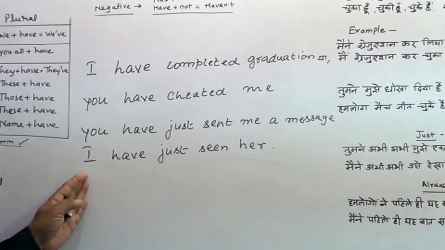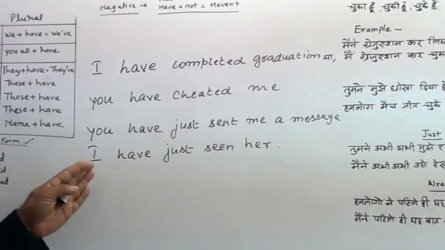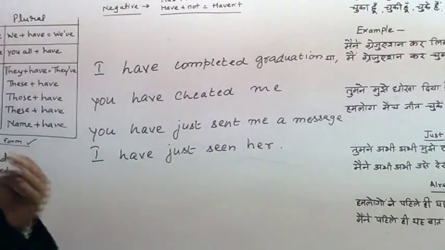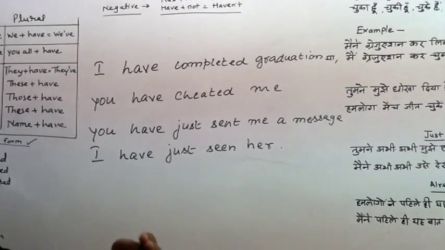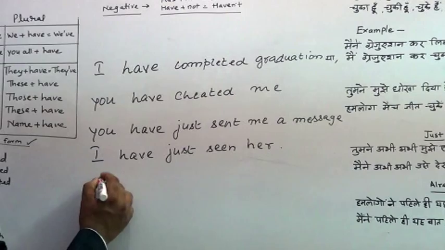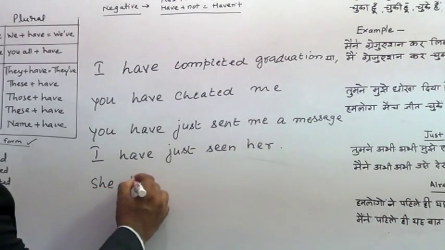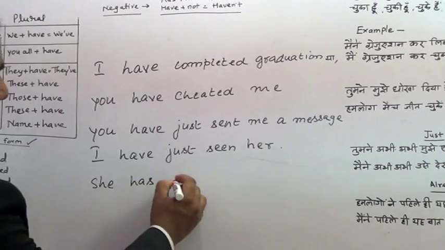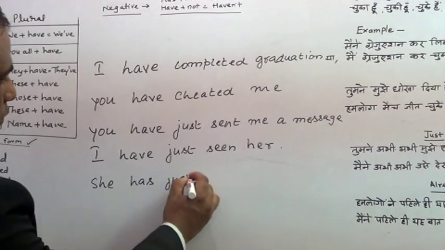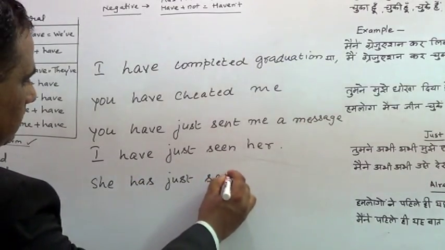Now let's suppose if this I is replaced by she. अगर मुझे ये कहना है उसने मुझे अभी अभी देखा है, so I will frame the sentence like this: she, and after that has will come, and the rest will remain the same.